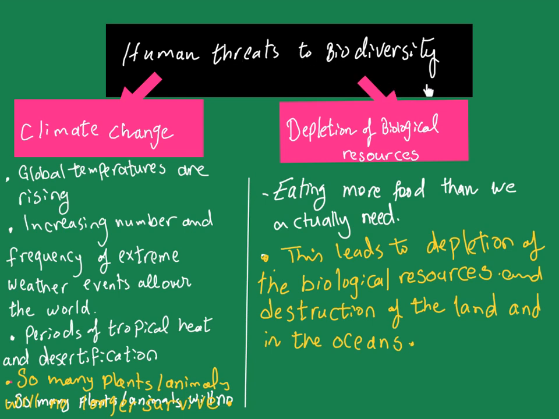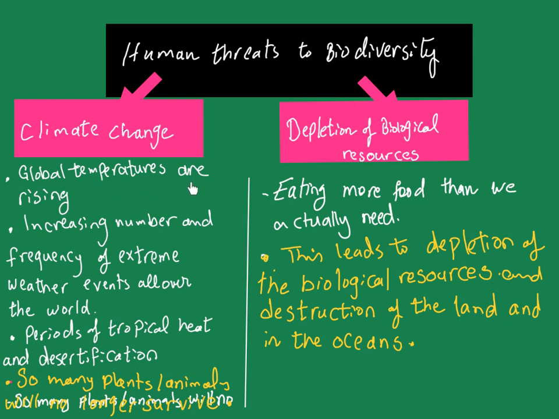Human threats to biodiversity. So how do humans make a threat to the biodiversity? We are going to focus on two main factors. First is climate change, and second is depletion of biological resources. Climate change: you know that the atmospheric temperature has been rising over the last decades.